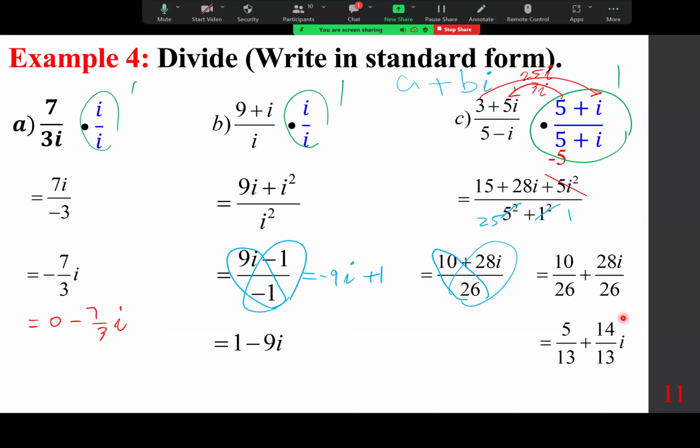When you write it in this format, if somebody asks, what is the value of A? You can answer it, 5 over 13. What is the value of B? It's 14 over 13. If you left it as this, you may not recognize that. And as always, dealing with the fractions, you put them in the lowest term.